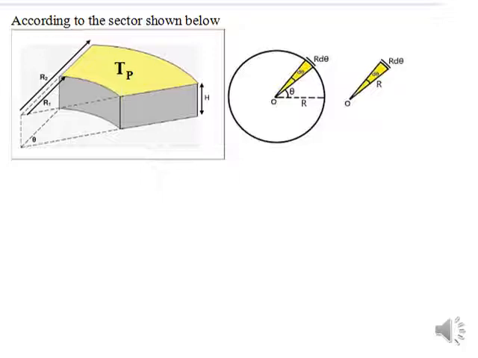So this is like a rectangle stretched in a curved path. If you have d theta as the elemental angle variation, you will have the arc length r1 d theta.